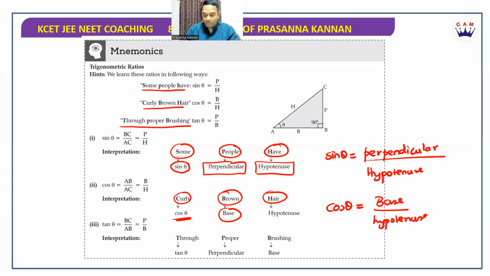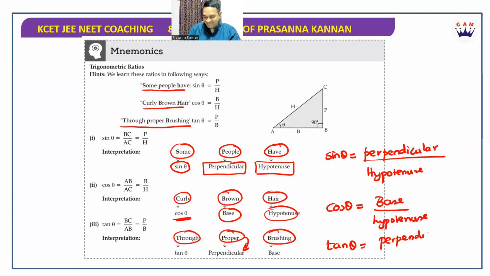If you're very comfortable with adjacent by hypotenuse, then no worry at all. Then tan theta, through proper brushing: tan theta is equal to perpendicular by base, or you can say opposite by adjacent. So this is how you can remember this.